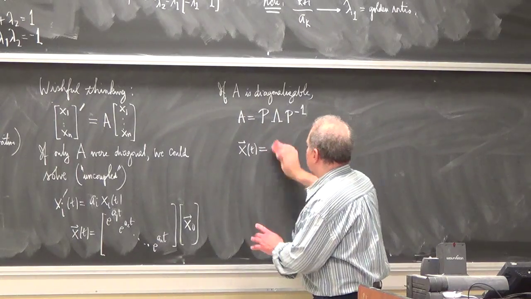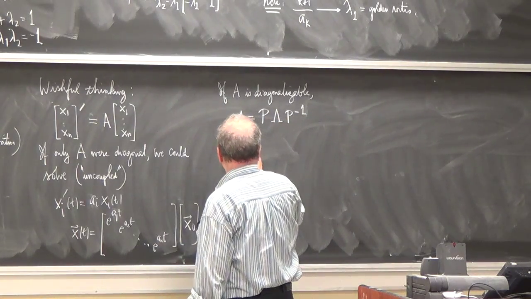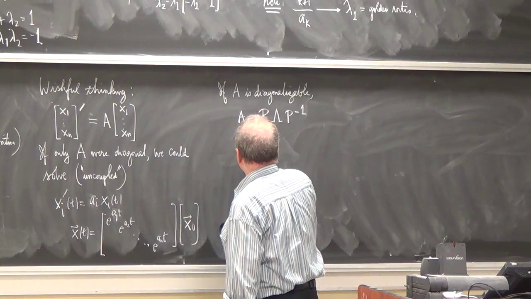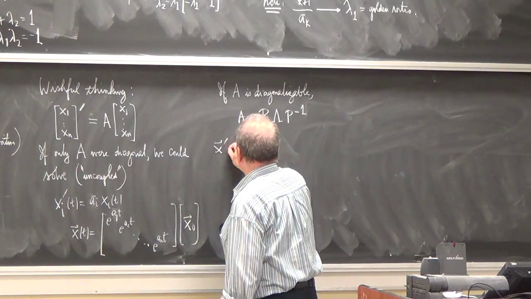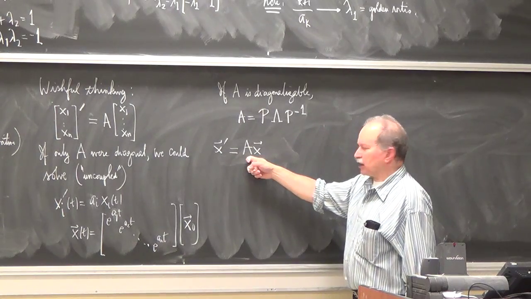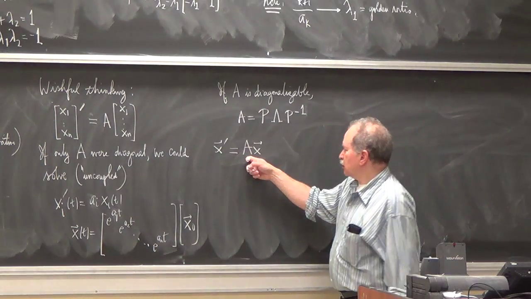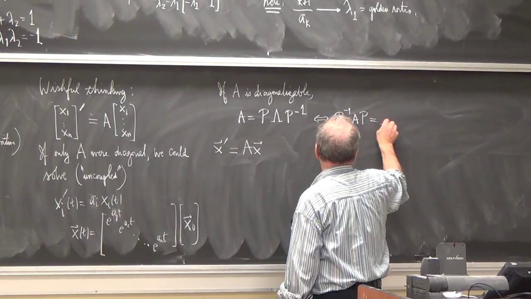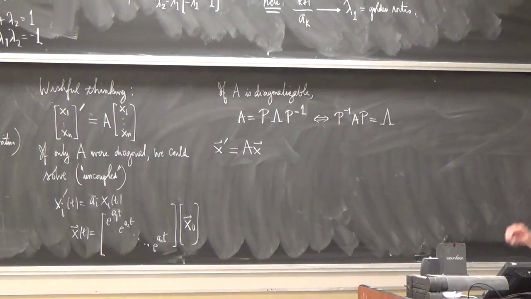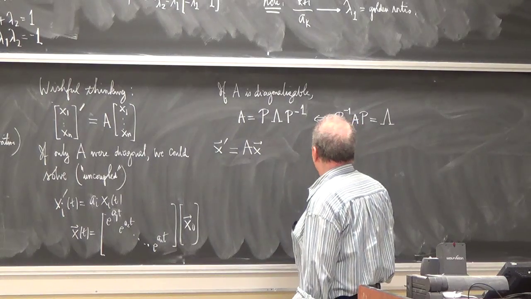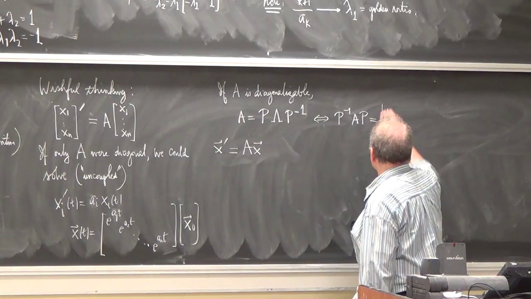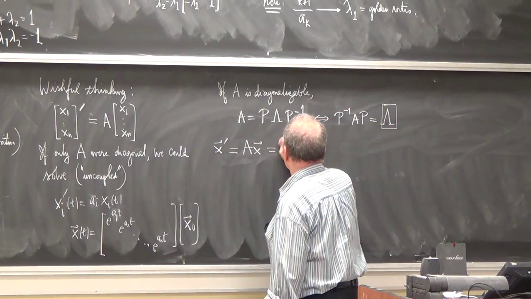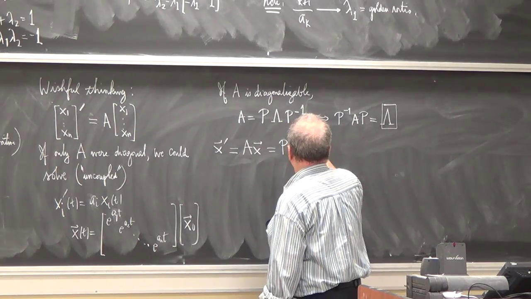Let's see, how would I diagonalize the equations? If I started off with x prime equals Ax, what could I do? Of course, P inverse A P is lambda.